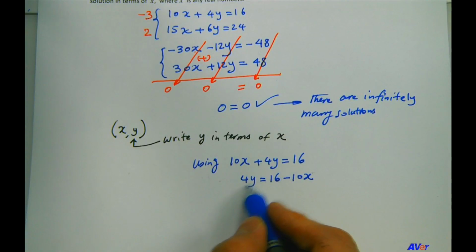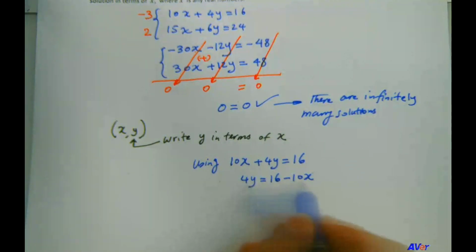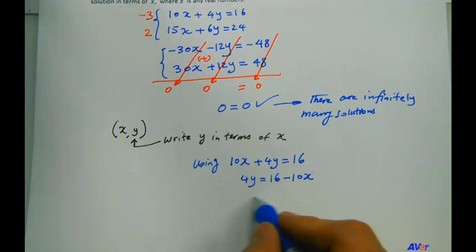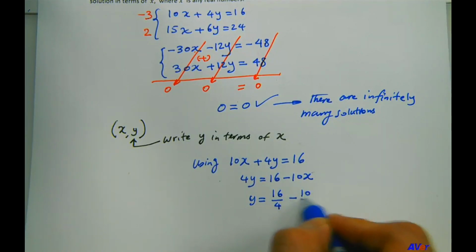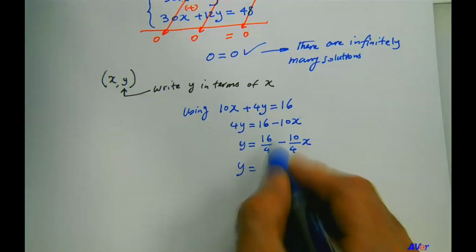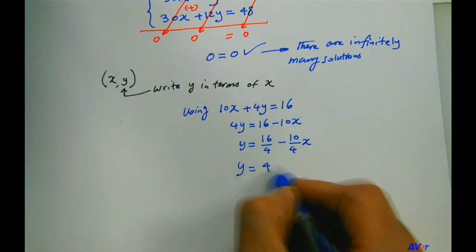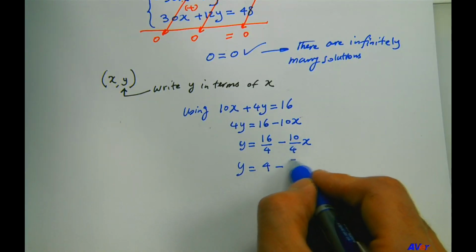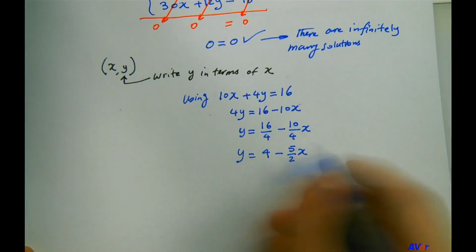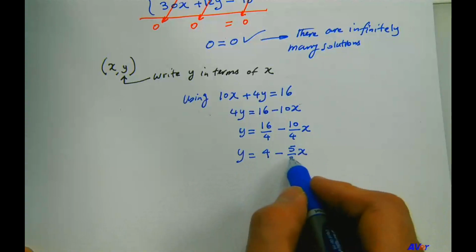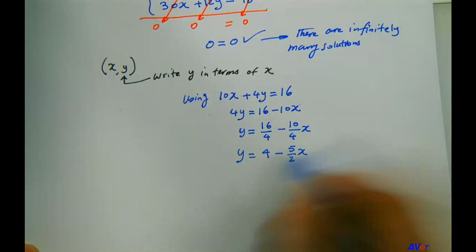We're solving for y, so we need to isolate y, and the 4 is preventing us, so we divide both sides by 4. So y equals 16 over 4 minus 10 over 4 x. Simplifying, 16 over 4 is 4, minus 10 over 4 is 5 halves x. Or you can put this first and say minus 5 halves x plus 4. It makes no difference.